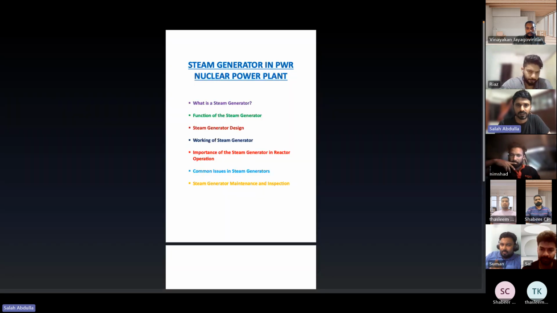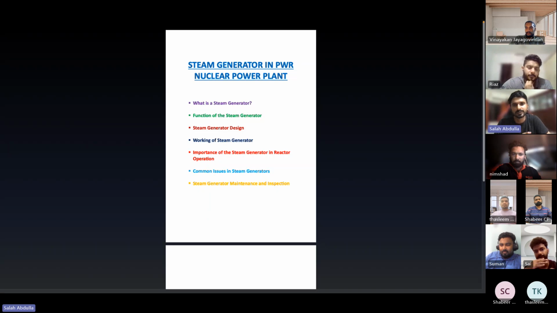Using the steam generator, we also control the coolant flow. For better performance and better efficiency of the plant, we have to control the coolant flow throughout the process.